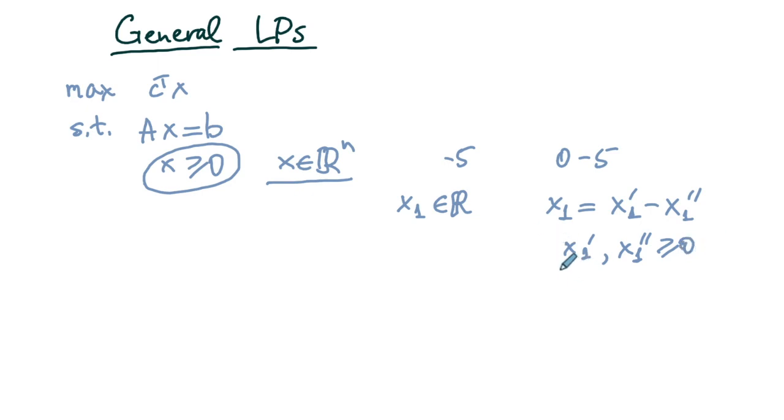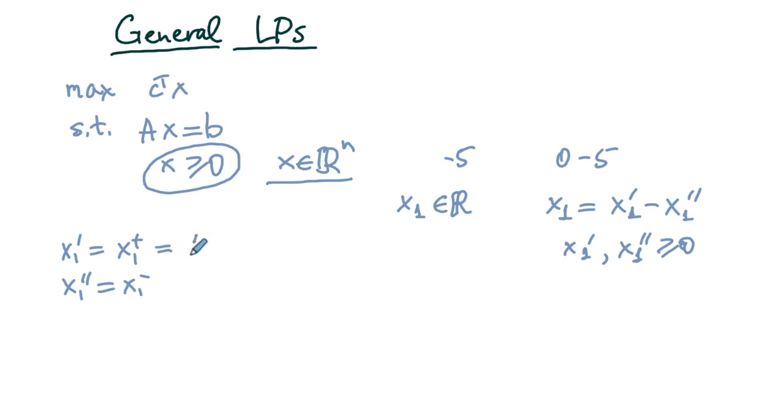And the meaning of these two variables is essentially the positive part of the number and the negative part of the number. So x1 prime is x1 plus, the positive part of the number, and x1 double prime is x1 minus, which is the negative part of the number.